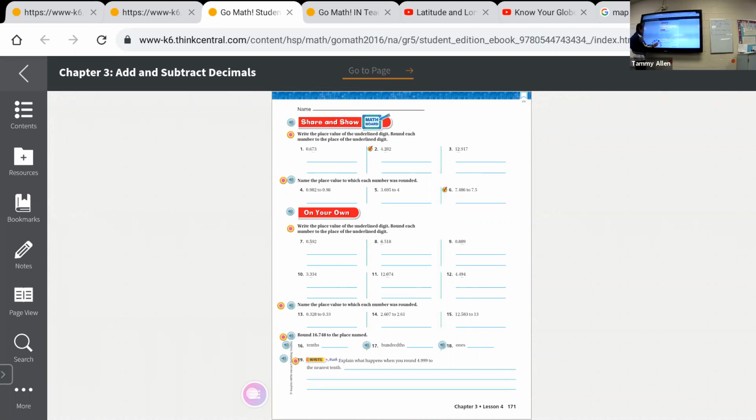Did we round it to thousandths place? We ended up at hundredths because that's 2 places to the right of the decimal point. Questions on what those directions mean? Anybody?